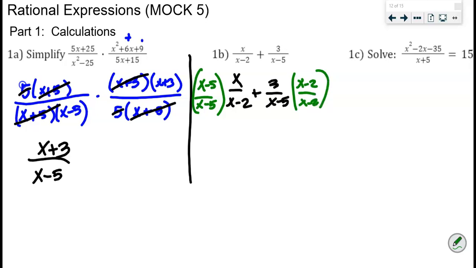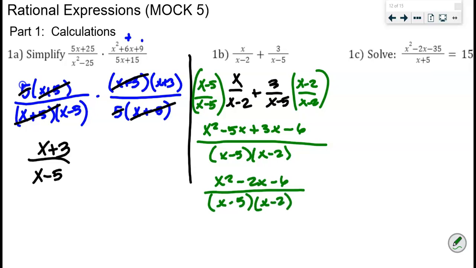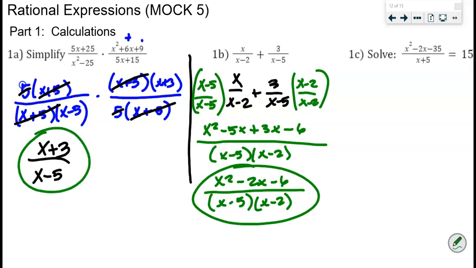So once we have our common denominator, then we're going to just work on the top. So then we get x squared minus 5x plus 3x minus 6 all over x minus 5, x minus 2. So now we're just working to combine like terms. So we get x squared minus 2x minus 6 over x minus 5, x minus 2. So that's our answer there. That was our answer over there.